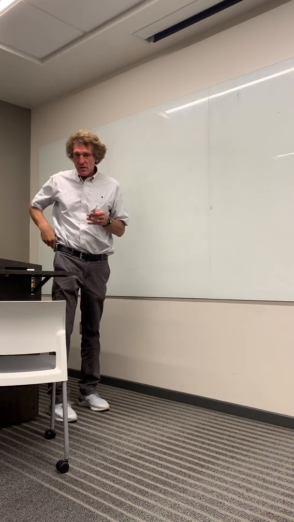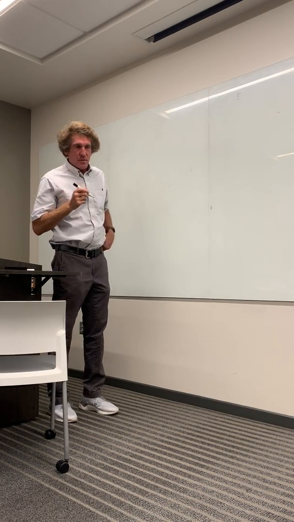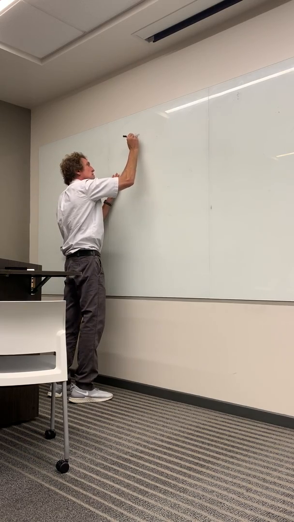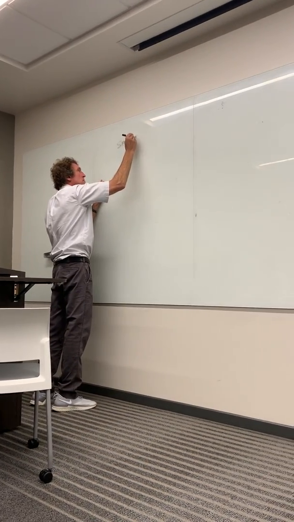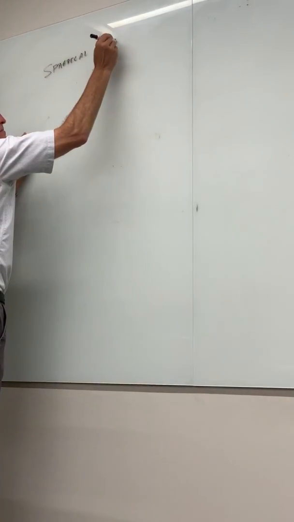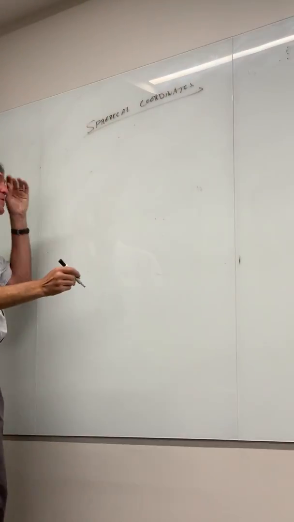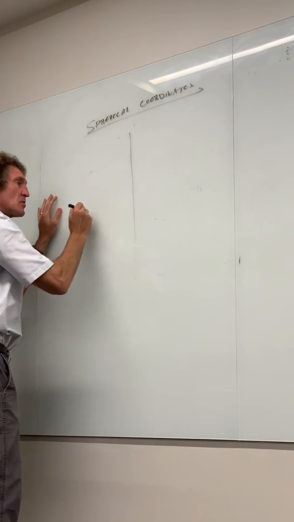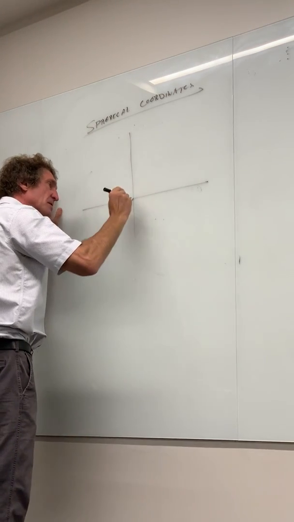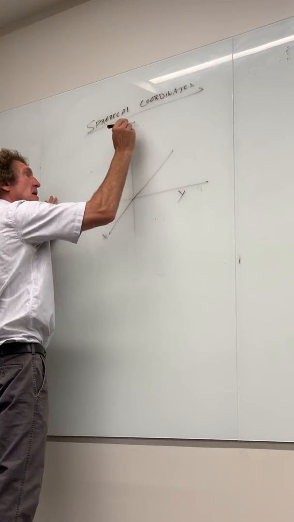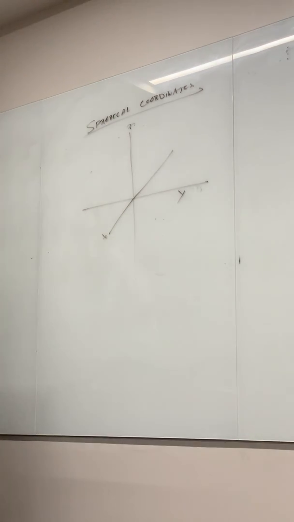Now, here we're going to be talking about spherical coordinates, so let me do it this way. Usually Dr. Wentworth's book starts with a Cartesian coordinate grid, and then he lays the spherical or cylindrical coordinate grid on it.